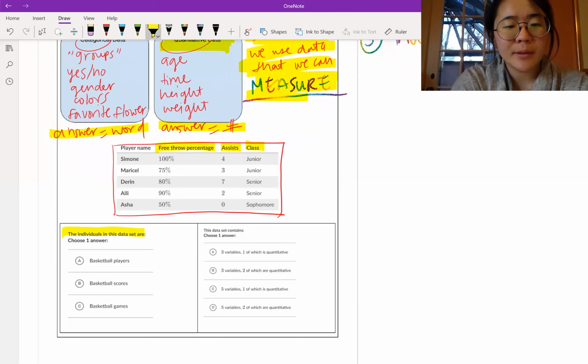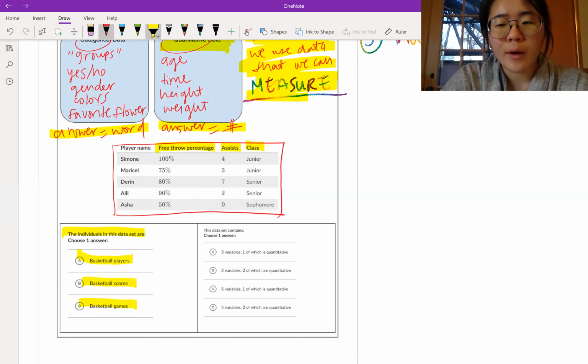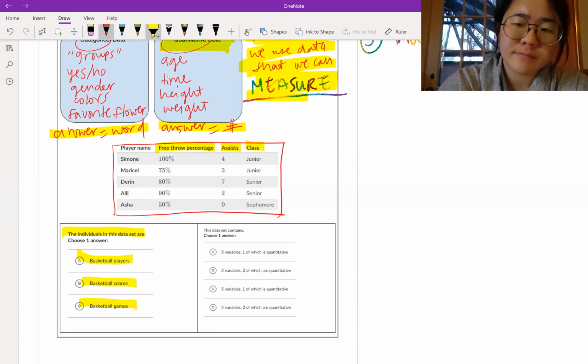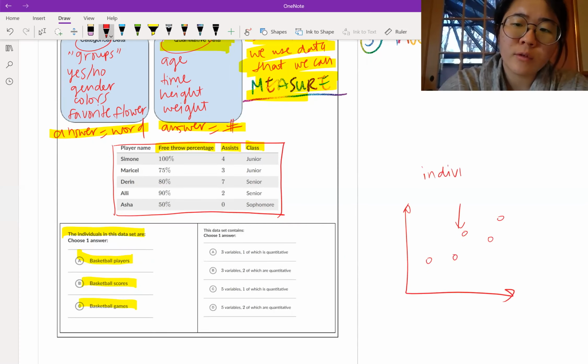Is it basketball players? Is it basketball scores or basketball games? What I mean by that is if I was to make a graph, what are each of these points? Who are our individuals? Who are we collecting data from?